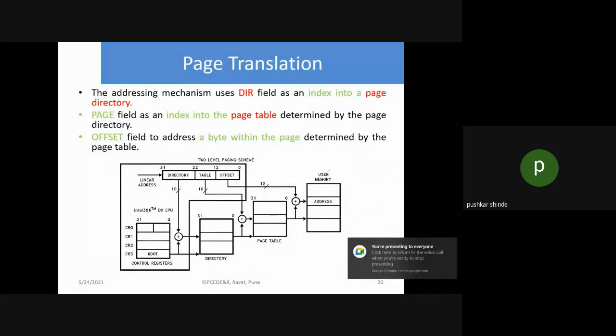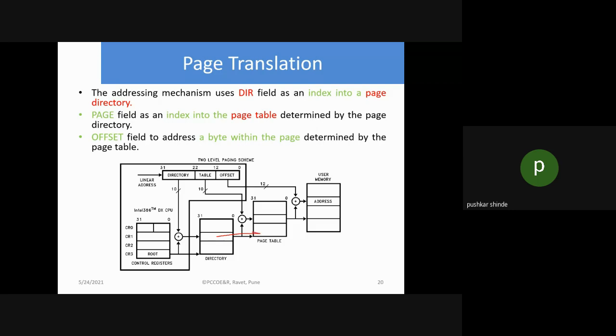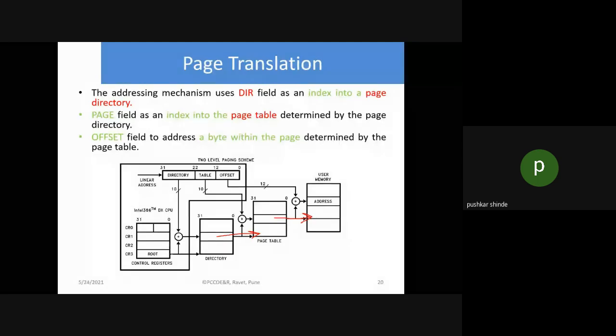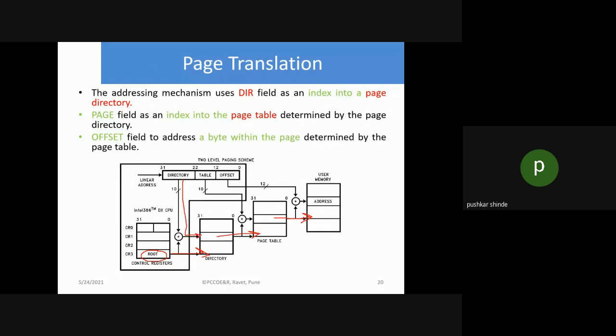So basically, page directory contains the base address of page table. Page table entry contains the base address of page, and the base address of page directory is contained in the CR3 register, page directory base register. The index in the page directory is contained in the dir field of the linear address. Then the index in the page table is contained in the page field or table field of the linear address.